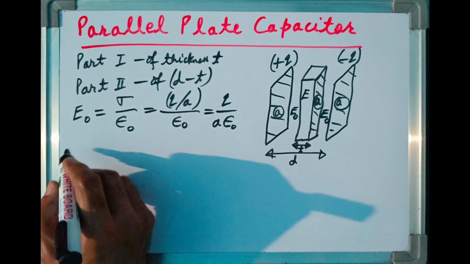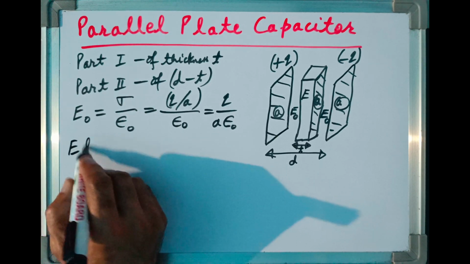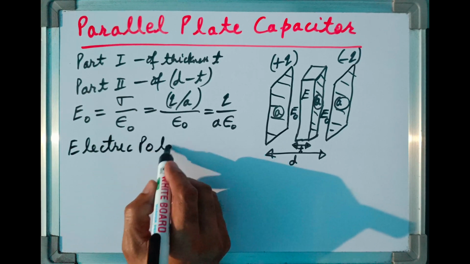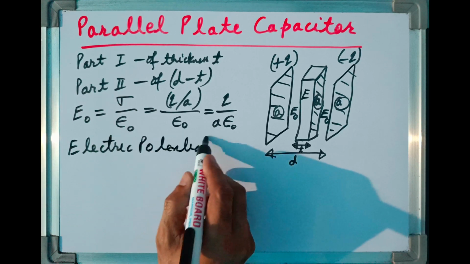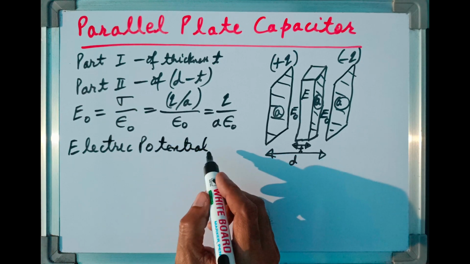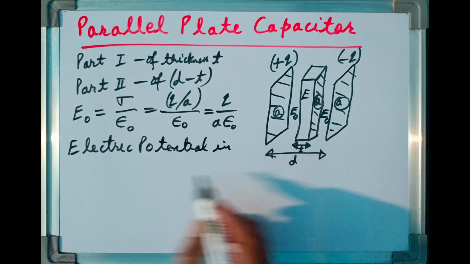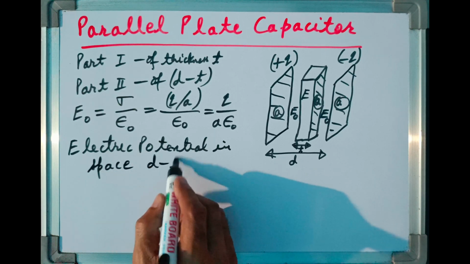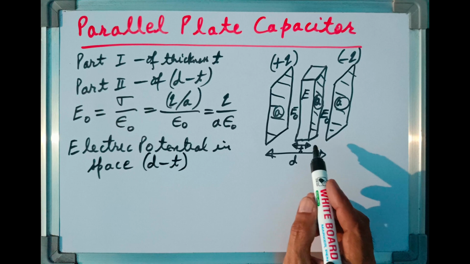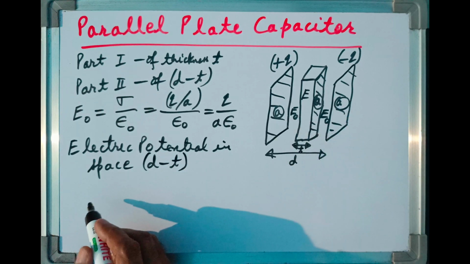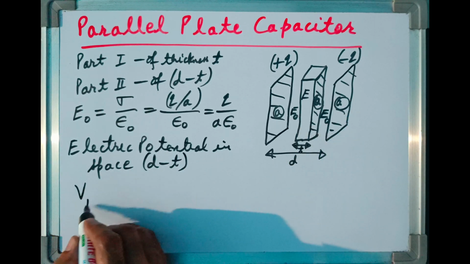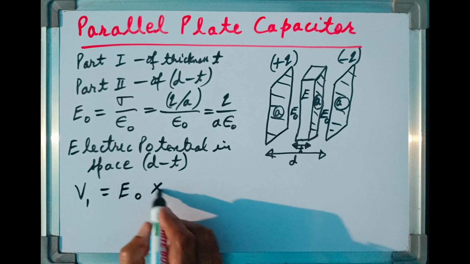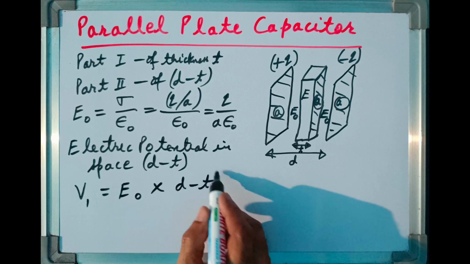Now let me find electric potential. Electric potential in space d minus t, means in the space except this dielectric slab. Let me call this potential as V1. It will be E naught multiplied by d minus t.